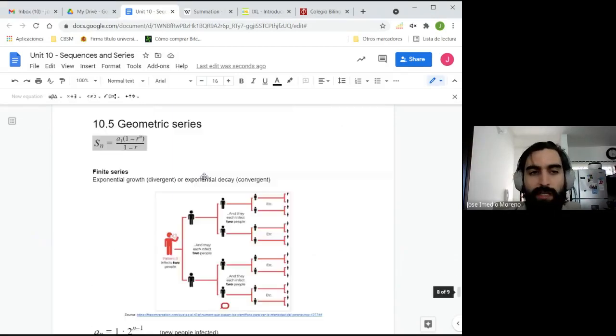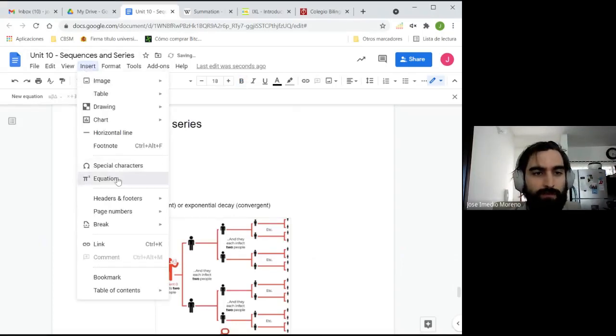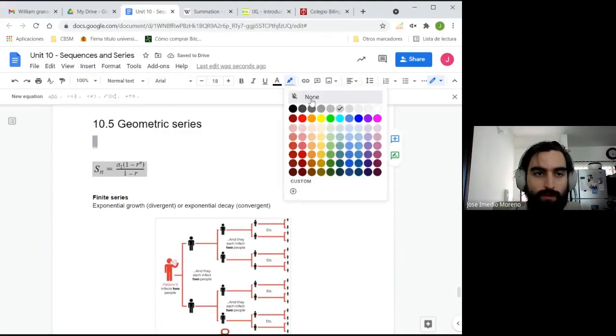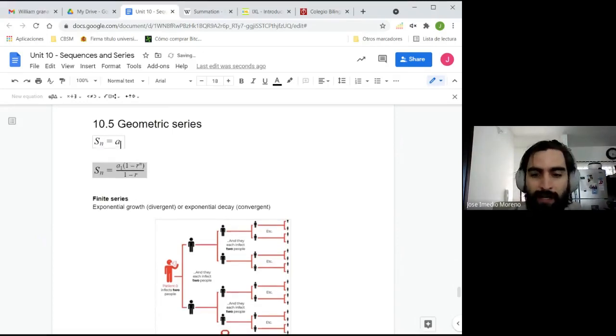So in a geometric series, same as we did with an arithmetic series, if we have to find S sub n, okay, any term of the series, what we are going to do is add a sub 1 plus and so on, until a sub n, okay?